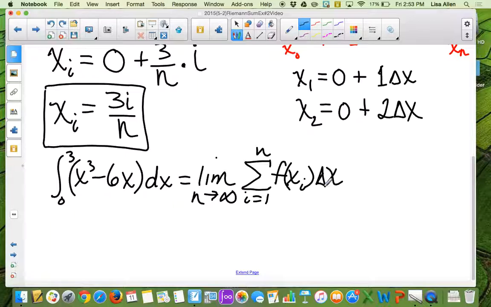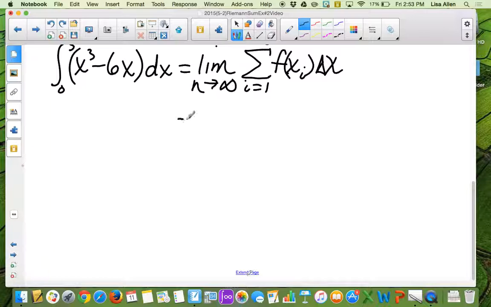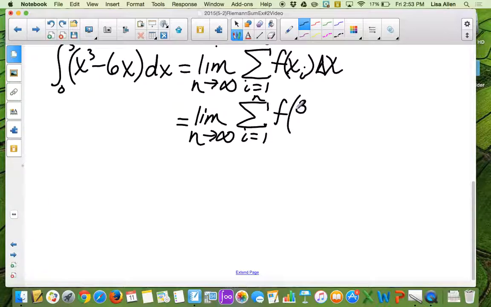So then filling this in, this is equal to the limit as n approaches infinity of the summation from i equals 1 to n of f of 3i over n times delta x, which is 3 over n.